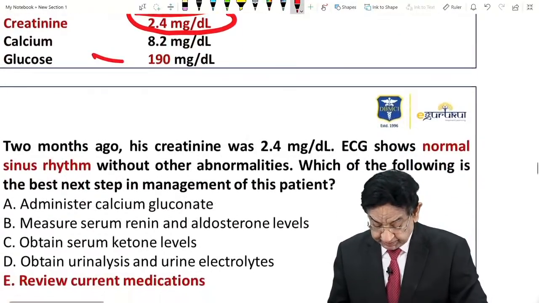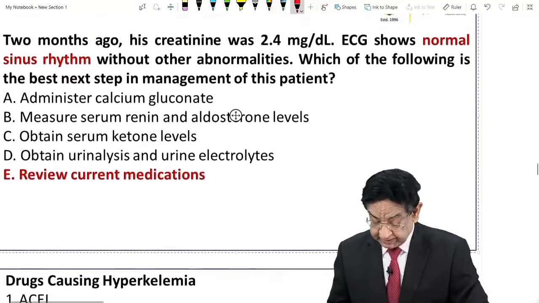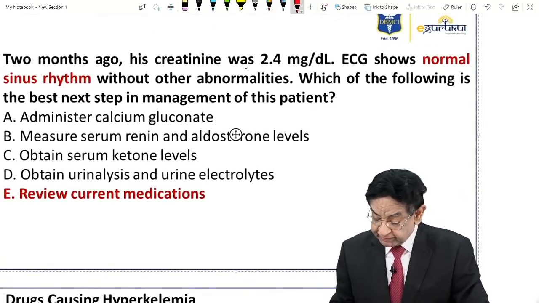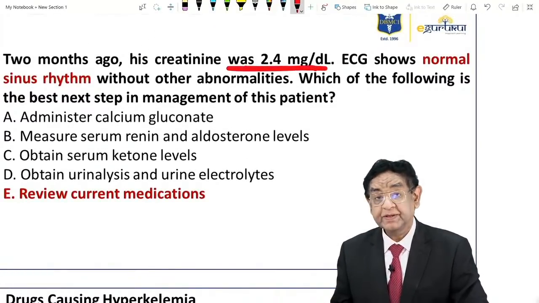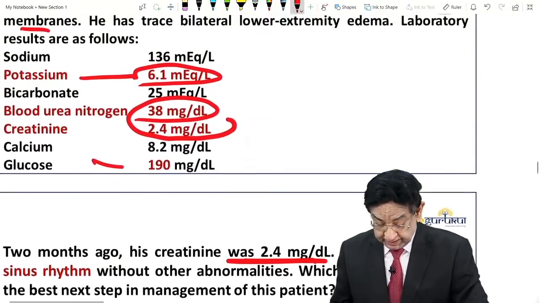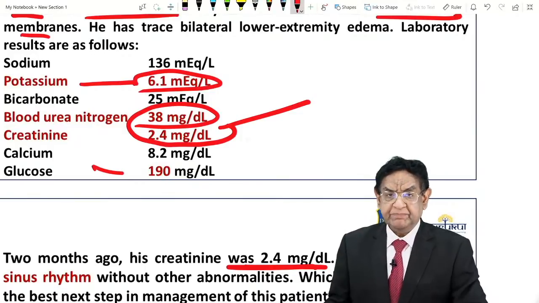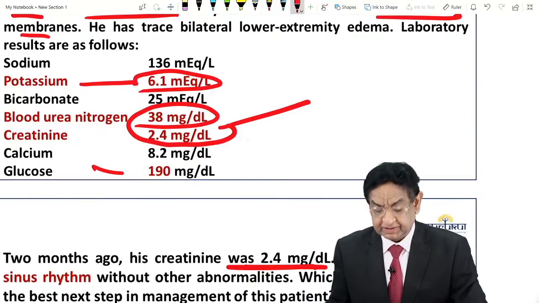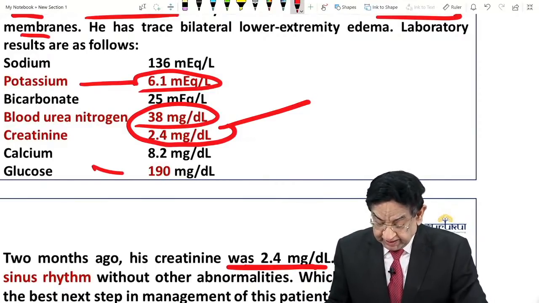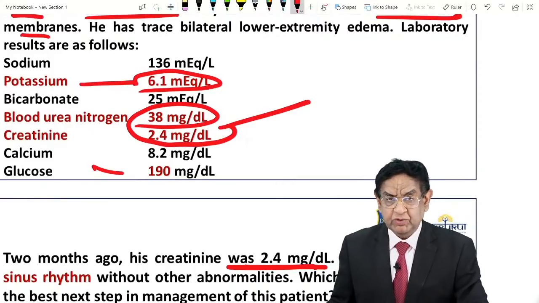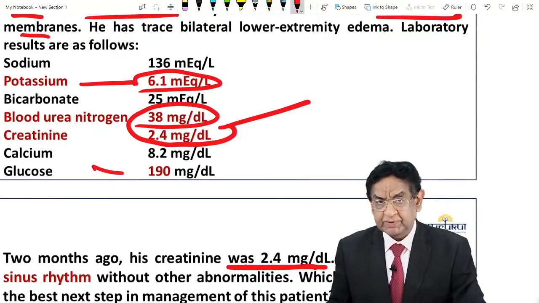And two months ago his creatinine was 2.5 or 2.4. Now the creatinine is again 2.4. That means not much change in kidney function. With a simple one line, he has very clearly ruled out that there is any new problem in the kidney as such.